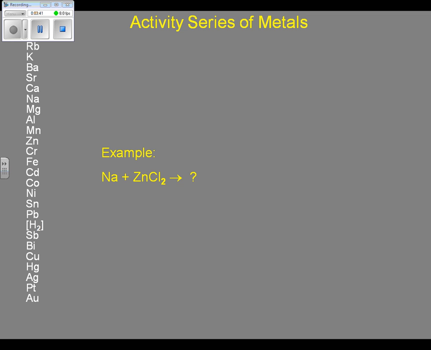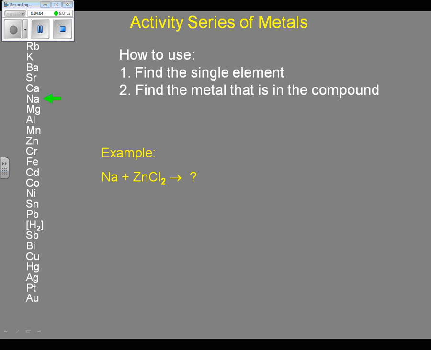The single element is the one that's not bonded to anything, and that's going to be our sodium, the Na. So we need to find that on our activity series of metals, and then we need to find the metal in the compound. So first find the single element. There's sodium. Then we look on the list and find the metal that is in the compound.